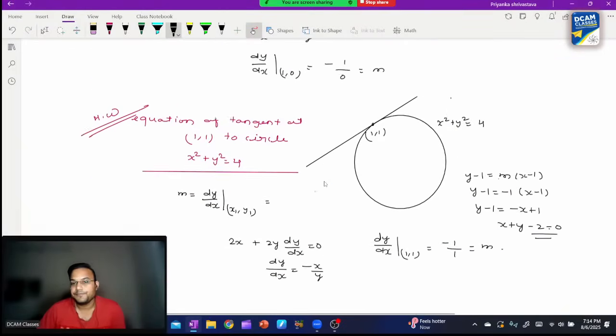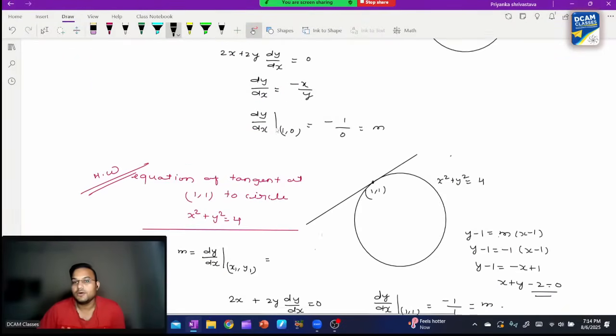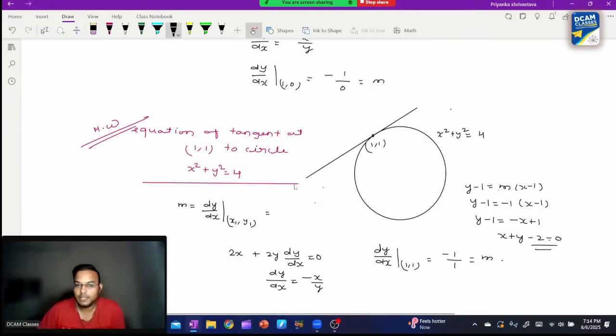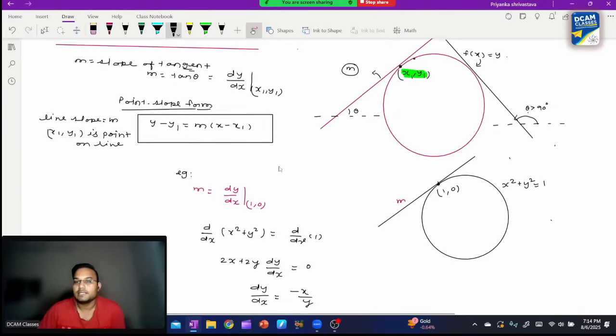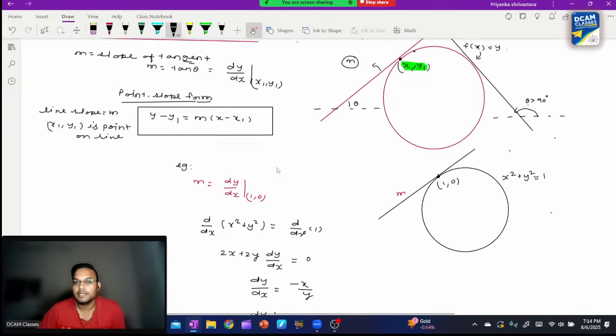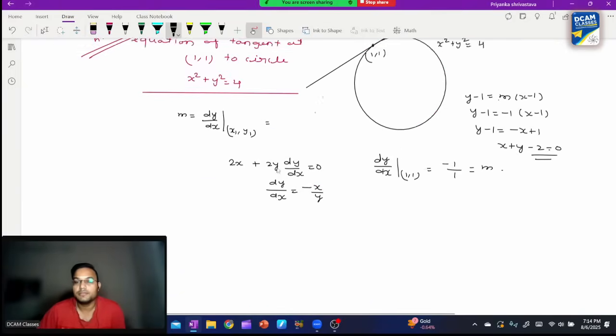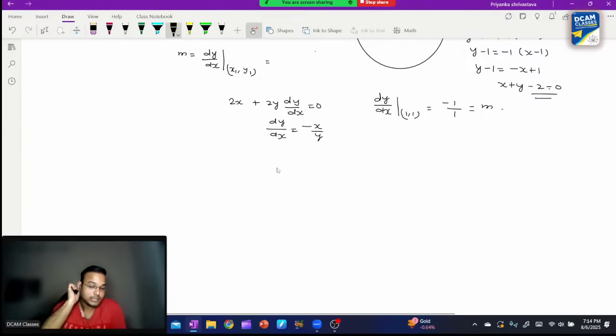Now see, this is how you find out the equation of tangent to any circle. Last time I was telling you I'll tell you the shortcut method for tangents.